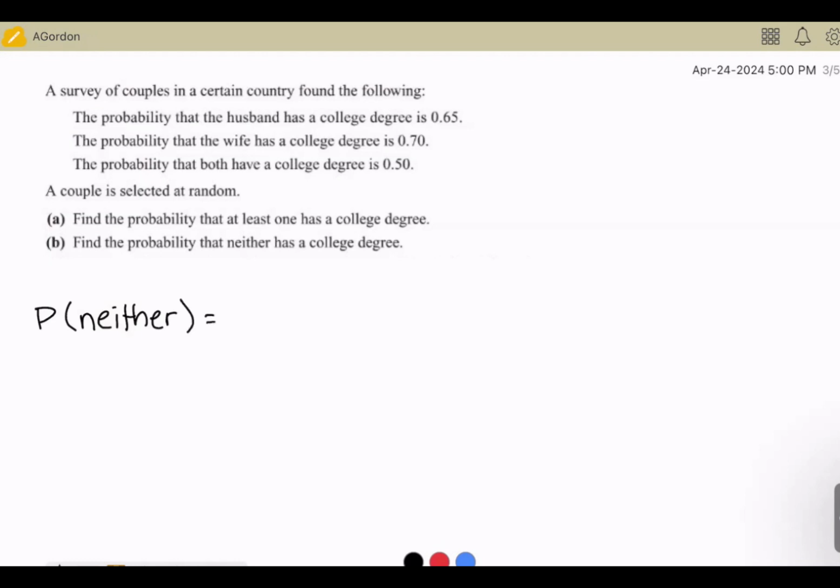And a complement we would take away from the total space being one. We would take away the probability of at least one having a degree, and that's what we calculated in part A. So we could just subtract that from 1 or 100%. And that's going to give us 0.15.